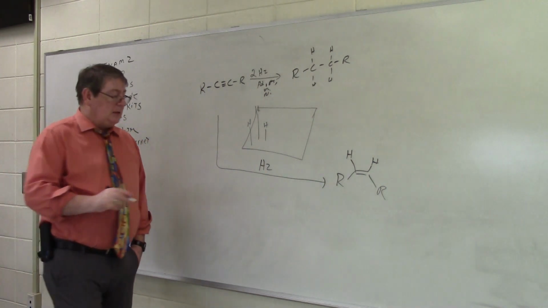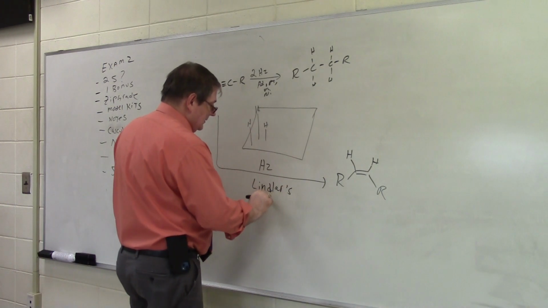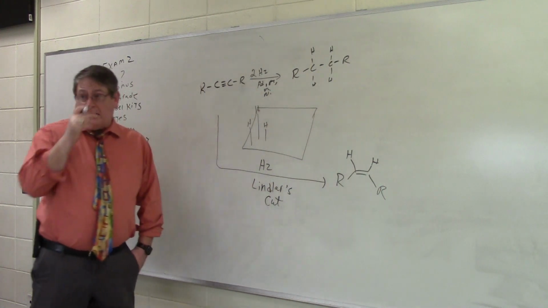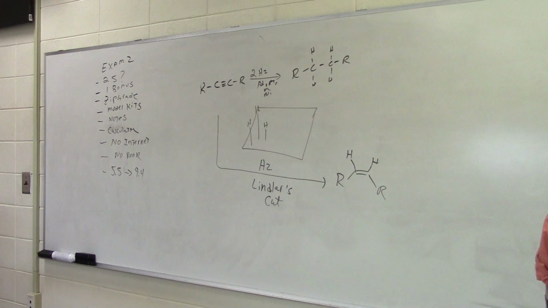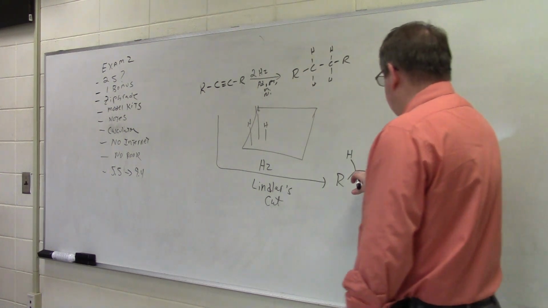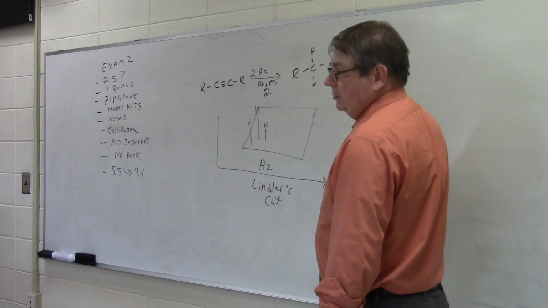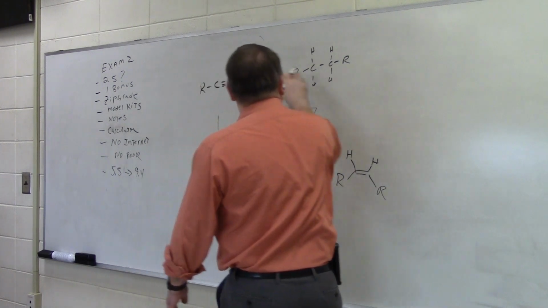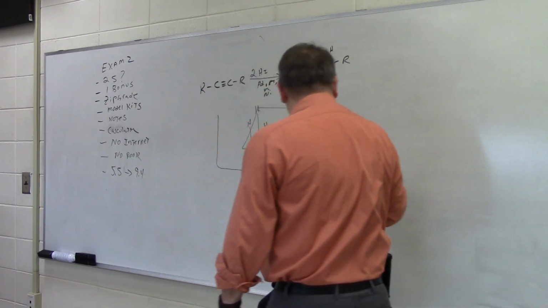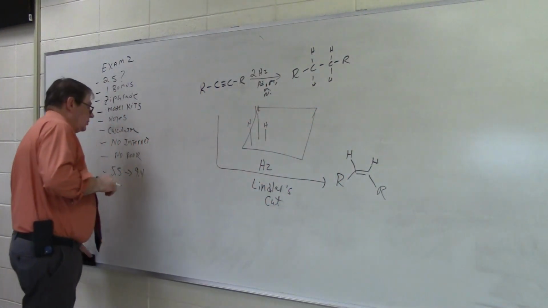That's Lindlar's catalyst, that's right. We didn't talk about what, but it's a palladium catalyst that's poisoned. It will reduce the alkyne very quickly, but it will stop and not reduce the alkene. Actually, it will probably reduce the alkene if you gave it a long, long time, like years. But it allows you to stop at the alkene. So you can take alkynes and make alkanes, and you can take alkynes and make alkenes.